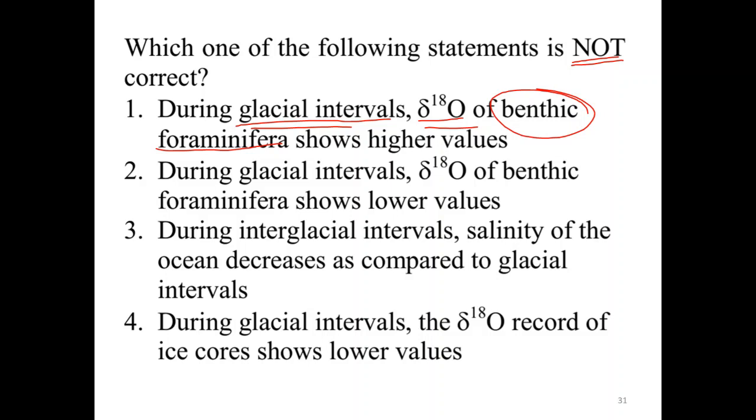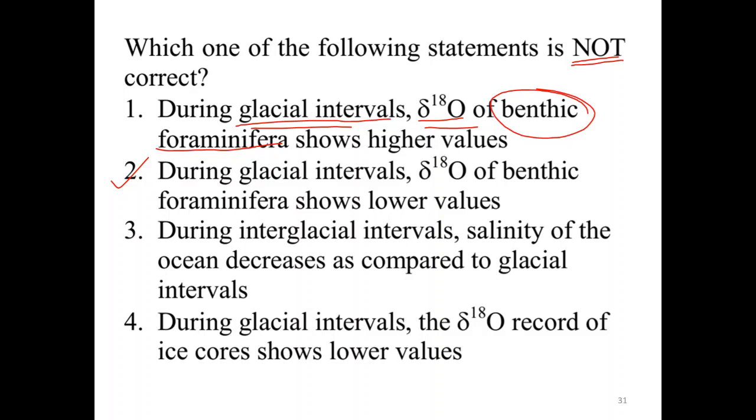Therefore, in glacial intervals, when the ice volume increases, it causes the oceans to get enriched in delta 18O, and at that time the benthic foraminiferal tests show higher values, so it is the correct option. During glacial intervals, delta 18O of benthic foraminifera shows lower values. No, just now we discussed in option 1 that it will show higher values, so this is not correct and this will be the correct answer. What about the third one? During interglacial interval, salinity of ocean decreases as compared to glacial.